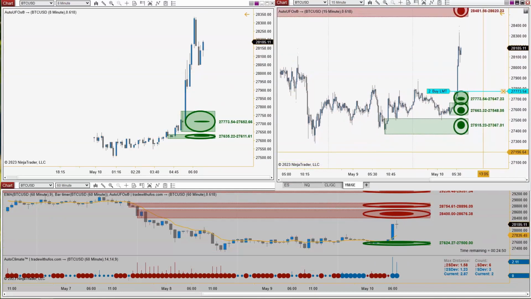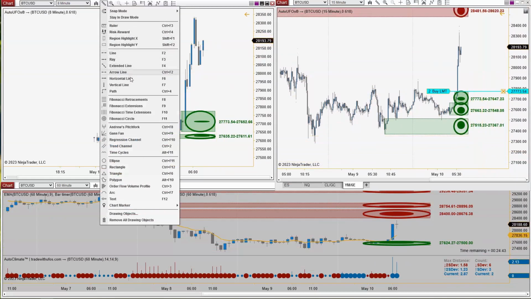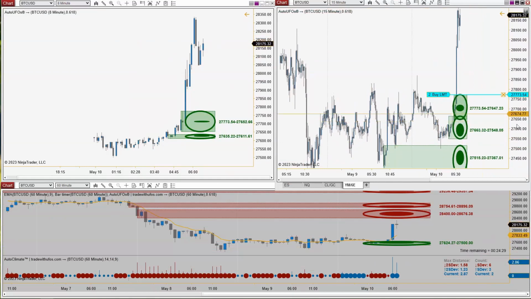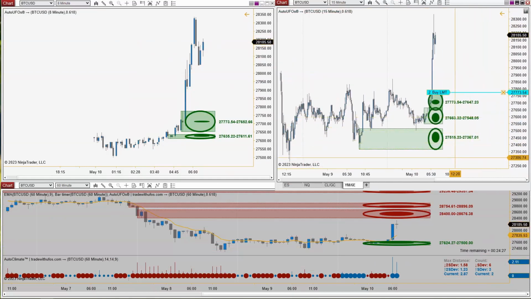All right, so 27,317 is going to be right here. Let's go ahead and throw a quick horizontal line so we have that here. So 27,317 around here. Okay, for some reason it wasn't working the first time. That's a little strange.